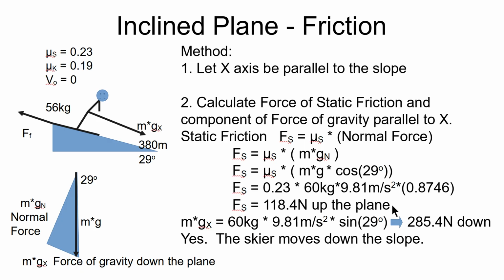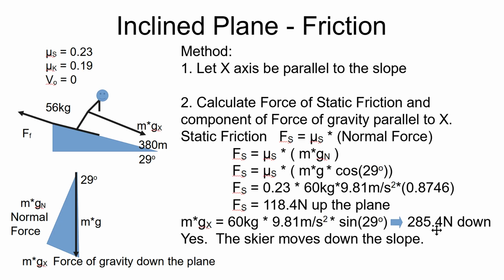And again, you're responsible for assigning the direction for the frictional force. Frictional force opposes motion. The skier is tending to move down the plane, so the frictional force is up the plane. And then for the component of the weight that's going down the plane, 60 kilograms, 9.81, sine of 29 degrees, this would be 285.4 newtons.